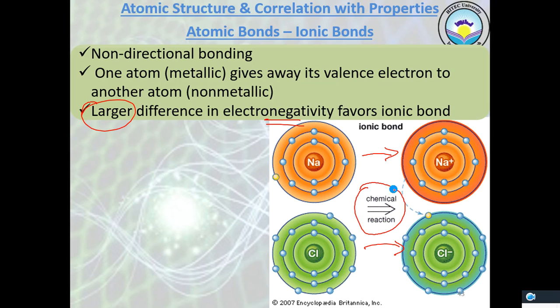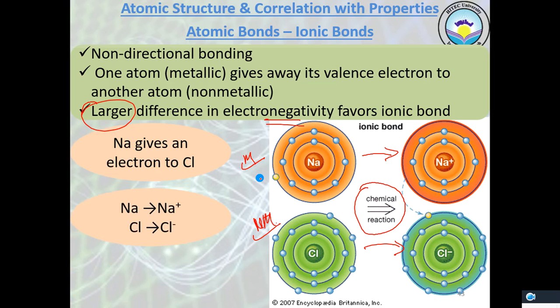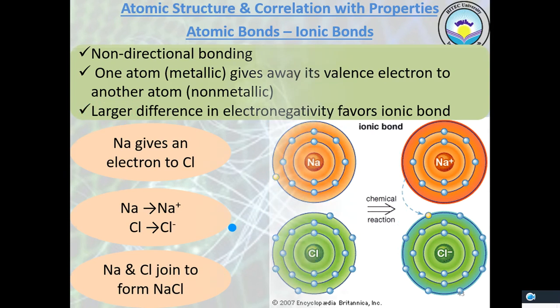So the chemical bond between them will be ionic and it will be non-directional. Sodium is the metal and you can see chlorine is non-metal. So you can see this equation as well. So Na and Cl join to form NaCl.